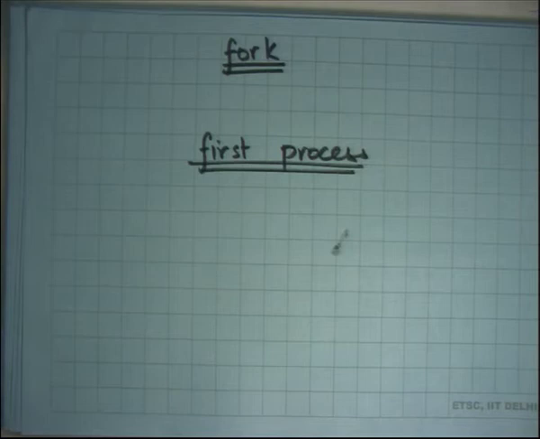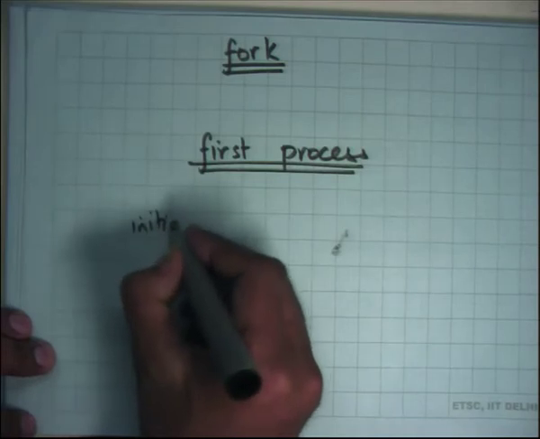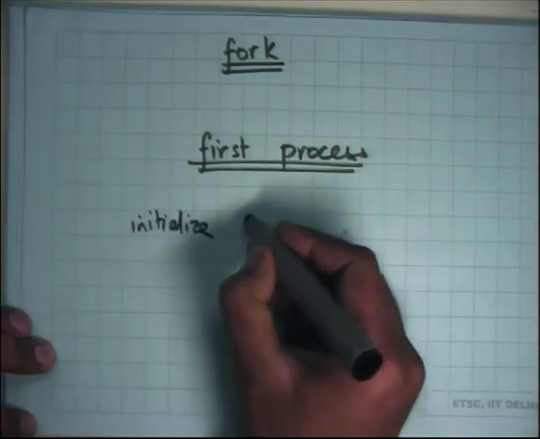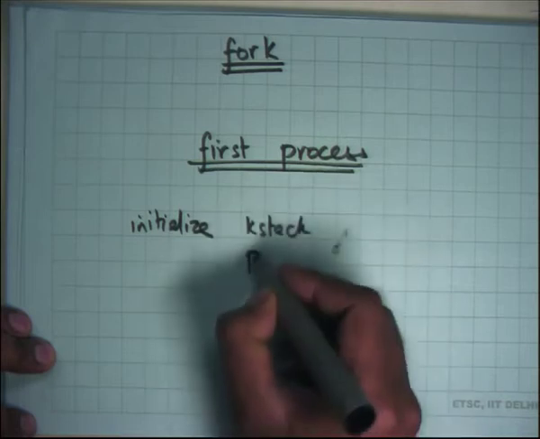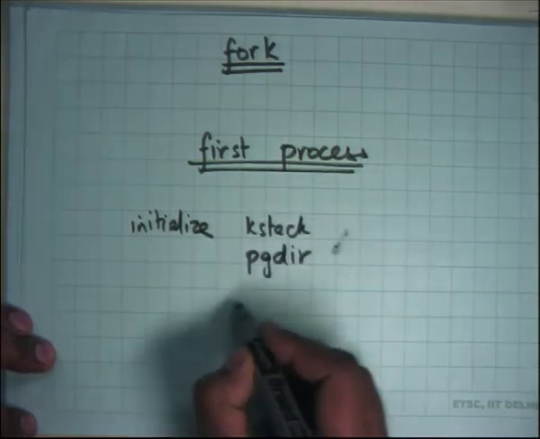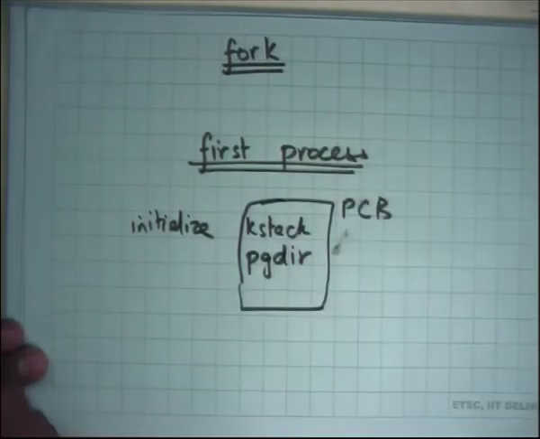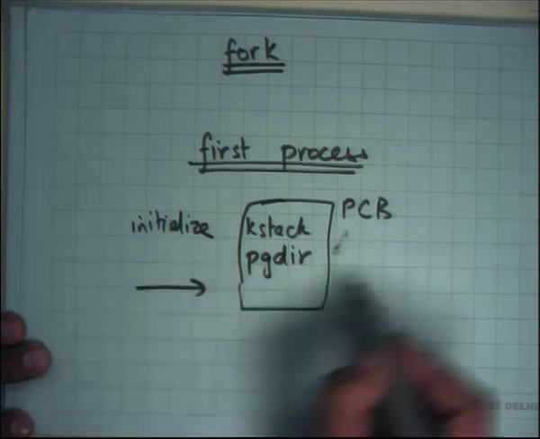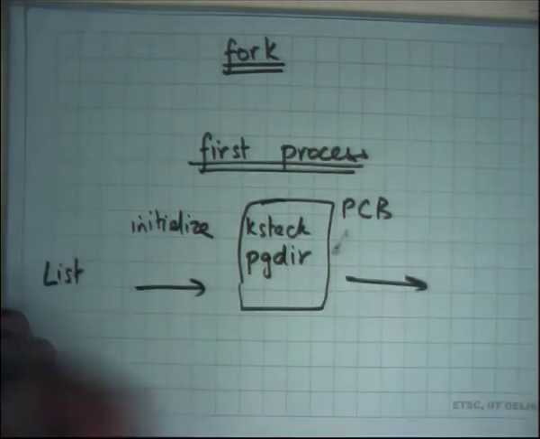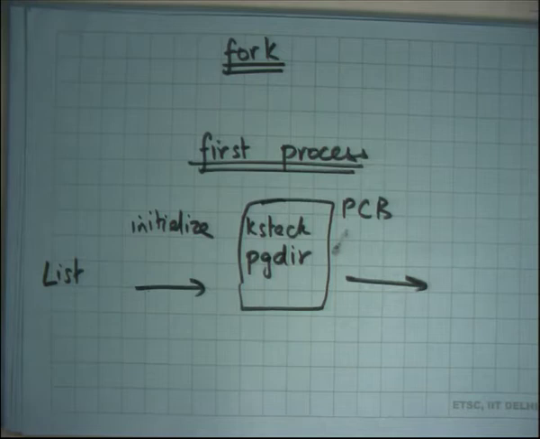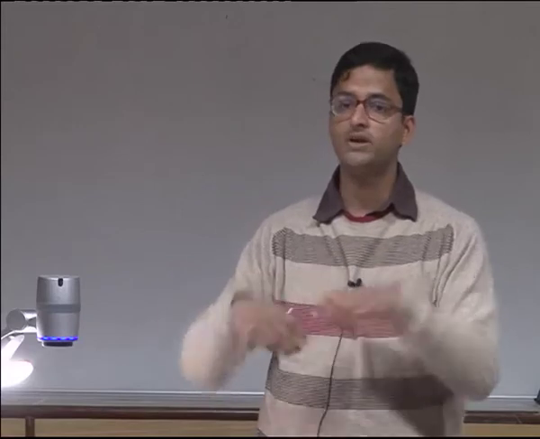So creation of a process basically means initialize K-stack and pagedir, and let's say put these in a structure called PCB, and add it to the list of PCBs and make it schedulable, right? And then just call the scheduler, and the scheduler is going to pick one of these PCBs and switch to it, because I have initialized the K-stack in such a way that when you switch to it, you're going to start running exactly as you wanted it to run. That's fine, right?